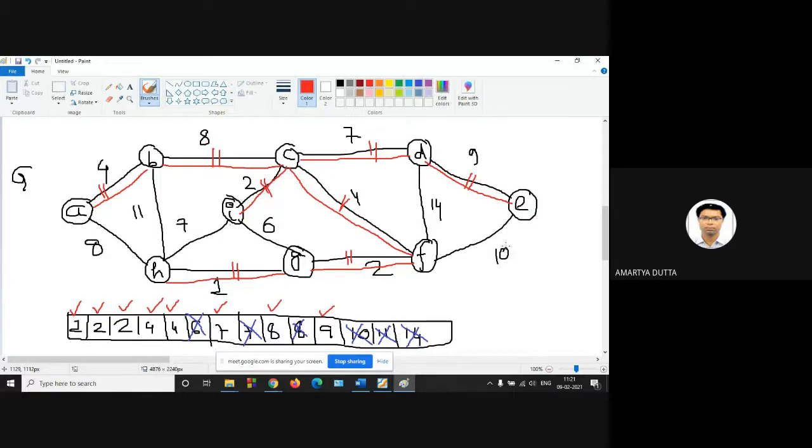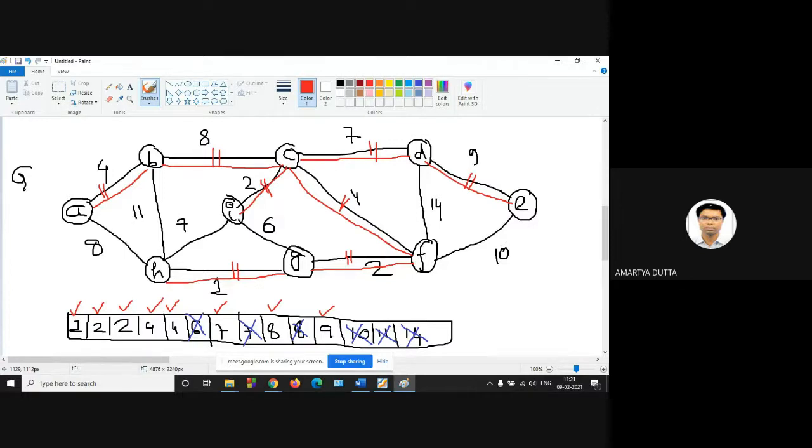A, B, C, D, E, F, G, H, I, all the vertices are taken, but the number of edges is less than in the original given graph.